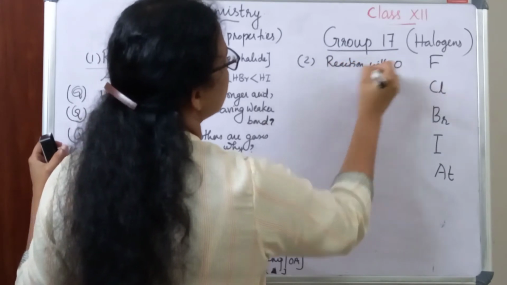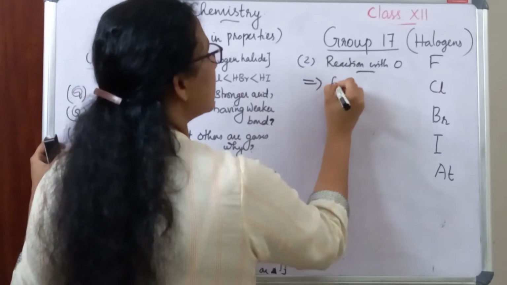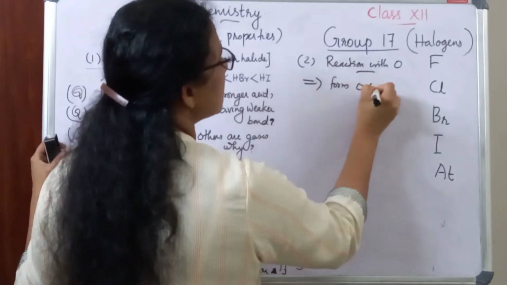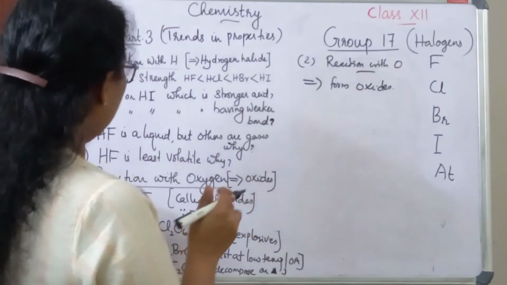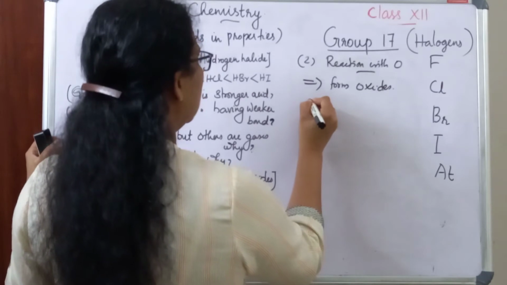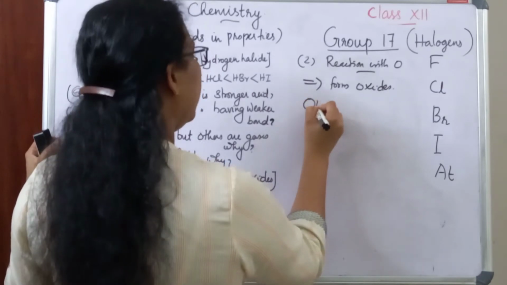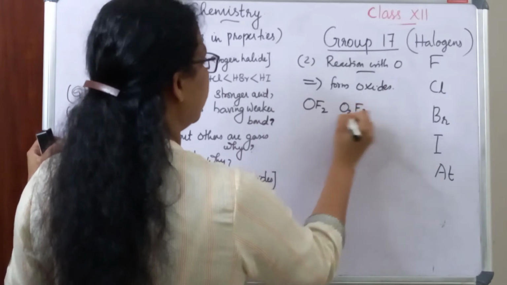When it reacts with oxygen, it forms oxides. In the case of fluorine, the products are OF2 and O2F2.